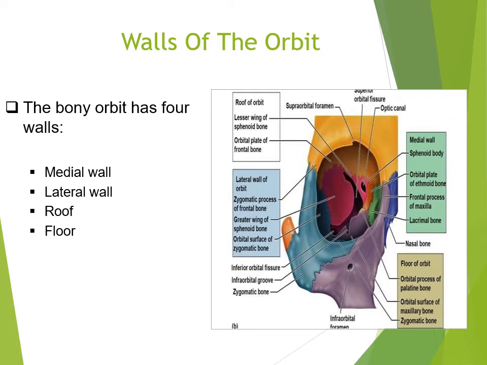Then the walls of the orbit. We have 4 walls: the medial wall, the lateral wall, the floor, and the roof.